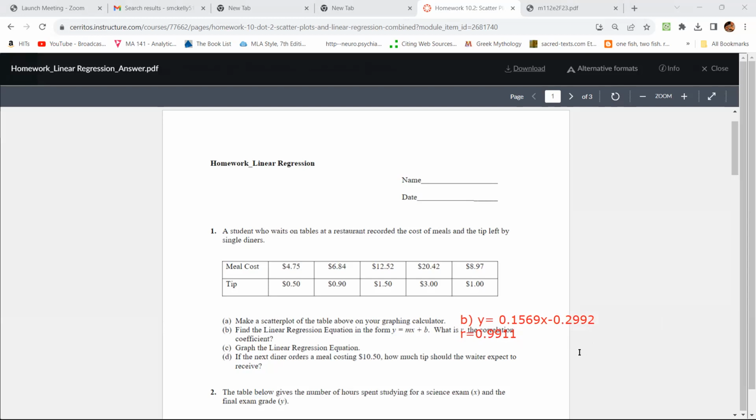Graph the linear regression equation. So for A, you graph the scatter plot. A and C should be on the same grid. So you're going to graph your scatter plot. Then for C, you're going to go back to the graph and put your line on top of it, just like what you see on your calculator. What you're trying to do is duplicate what your calculator is giving you. We're not going to be too picky about how close you are. What we look for is the window and the scale of your drawing.